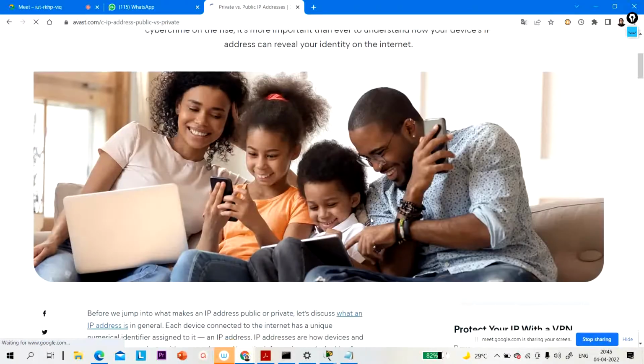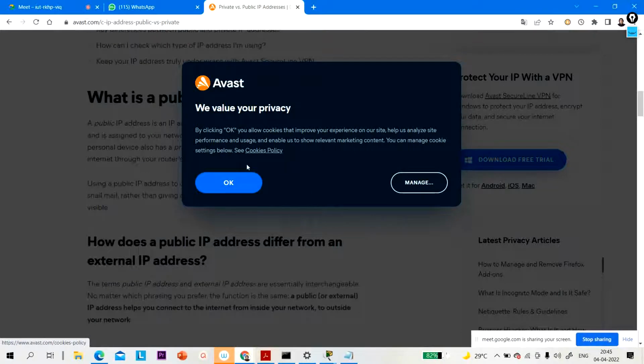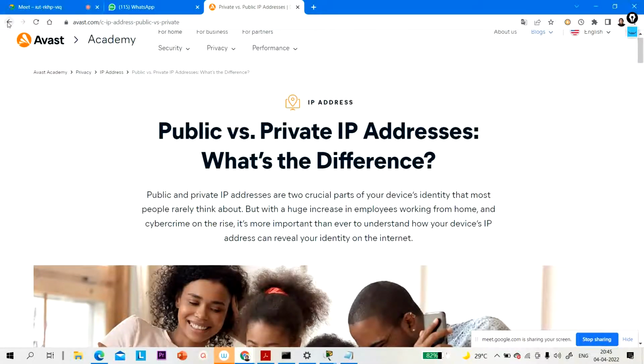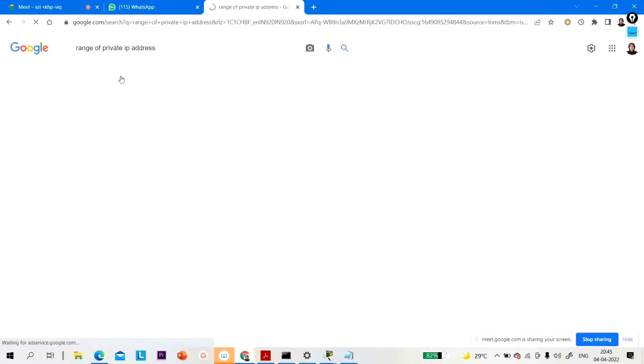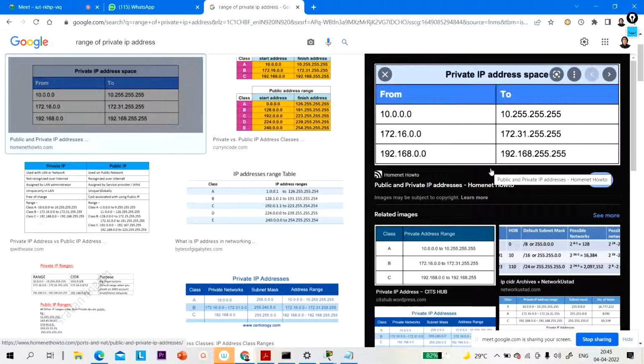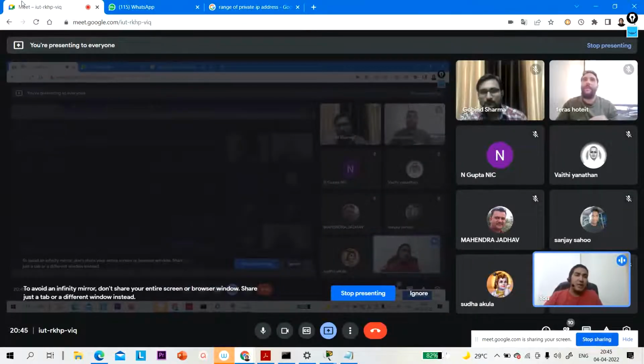So why do we divide into private and public? Private IPs are free, public ones are payable. You have to purchase them. Those you buy are public IP addresses, being used by service providers. Actually, we divide IPv4 into private and public because of the shortage of IPv4.